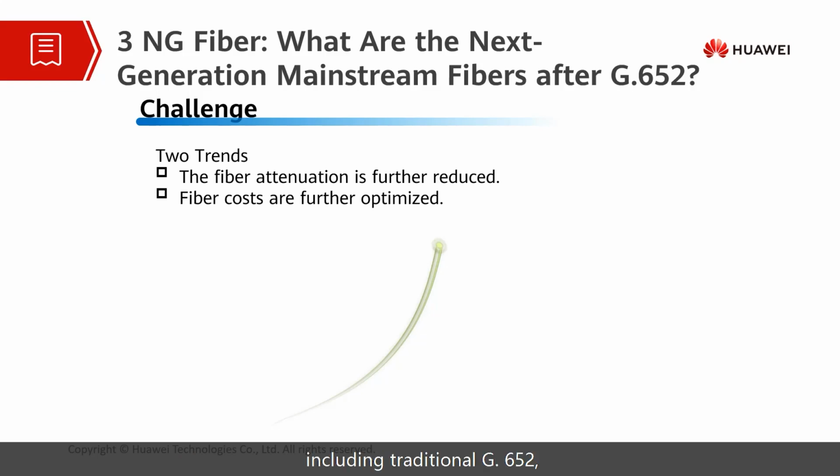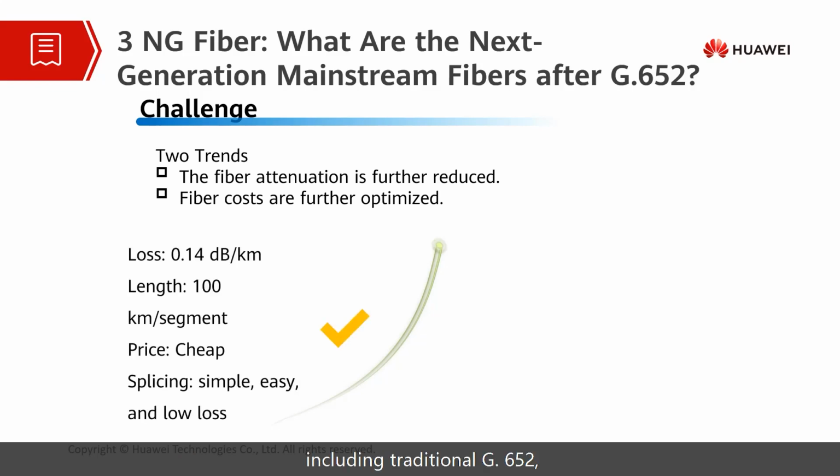These fibers, including traditional G.652, G.655, low loss fibers, ultra low loss fibers, and large effective area fibers, have some common advantages, namely relatively low loss. Currently, the existing technology can achieve 0.14 decibel per kilometer, and the price is relatively low.